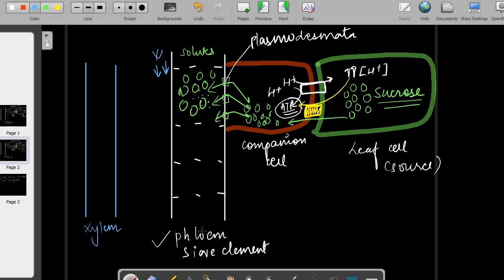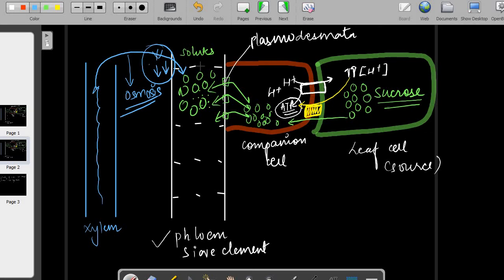Of course, the xylem and the phloem will be running parallel to each other. So now the water which is running in the xylem will be entering into the phloem sieve element by the process of osmosis. This is happening because of the difference in the water potential.